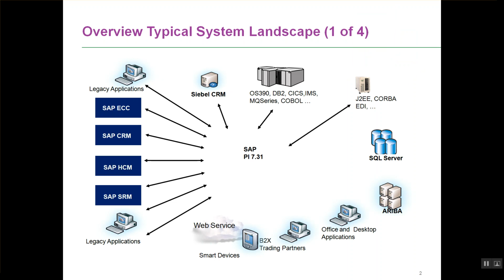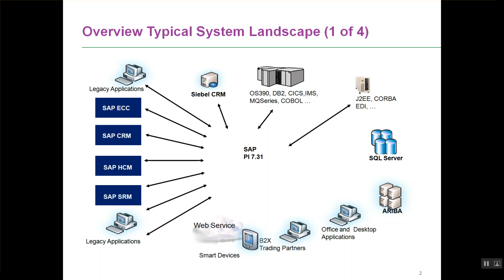Okay. So with that, let's relook at what an SLD is. Remember, we touched upon that in the previous section. The role of an SLD is like a telephone directory. All the systems in your landscape typically register themselves to the SLD.